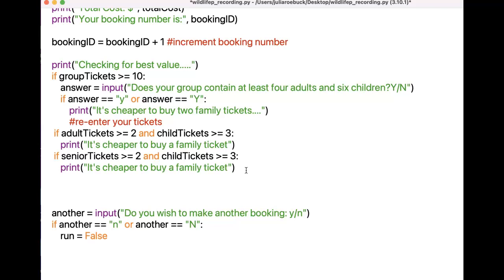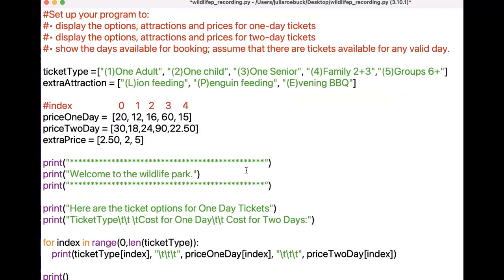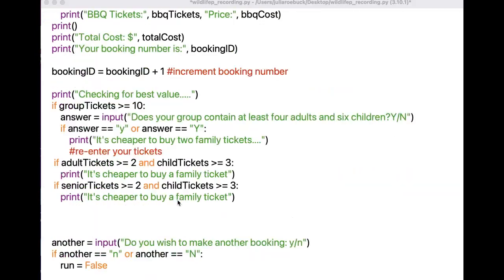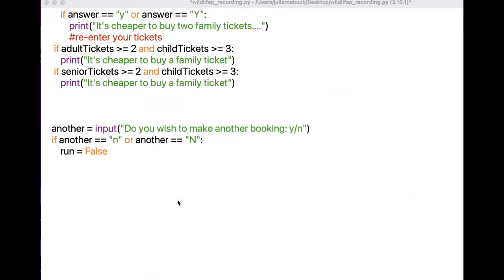And yeah, even with the senior tickets, they are cheaper than an adult, but I think it is still cheaper with a family ticket. Yes, it's definitely cheaper. It's $68 if you have 2 senior tickets and 3 children, but it's $60 if you buy a family ticket. So it is definitely cheaper for that one.